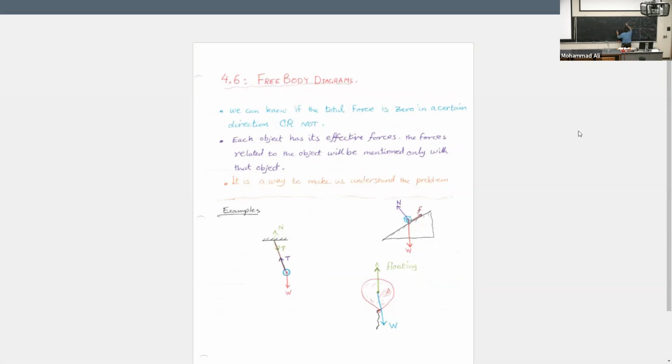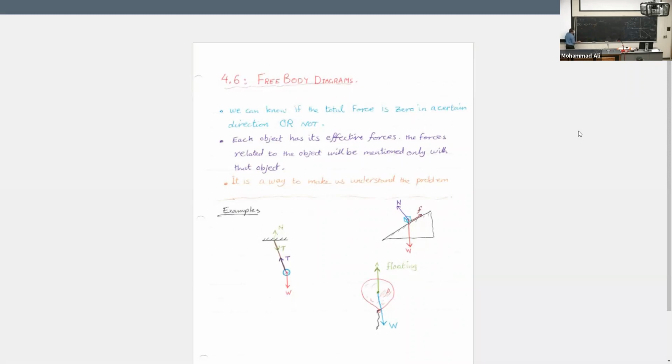Be careful for this one. Now, the force in y will not be zero. You will see that now. Now, the forces in the y direction: we have the weight downward plus T sine 60, also downward in the negative y direction.